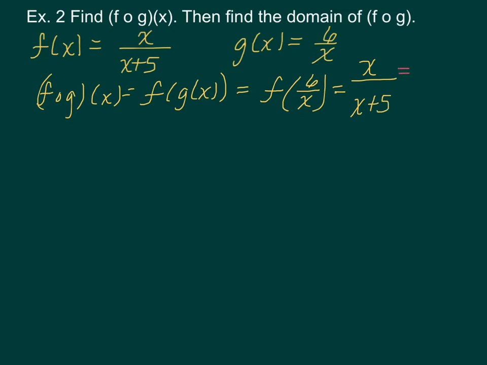So that means on the top, you're going to have 6 over x. This x now becomes 6 over x. And then you still have the plus 5. Now, we can't leave all those fractions over fractions, so what I'm going to do is multiply everything by x, so that those x's can cancel.